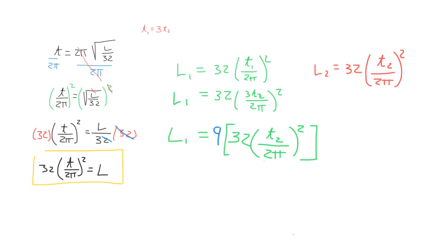So I'm just going to write that. Because what we have going on here is 9 times L2. So in other words, the length of pendulum 1 string is 9 times the length of pendulum 2 string. That's how you get the answer to that one. A bit complicated, something that requires practice for sure. Hopefully you understand it. The answer, therefore, is J. The answer is J for this one.